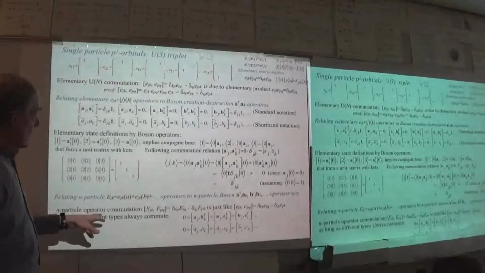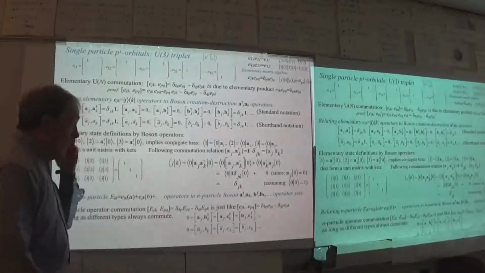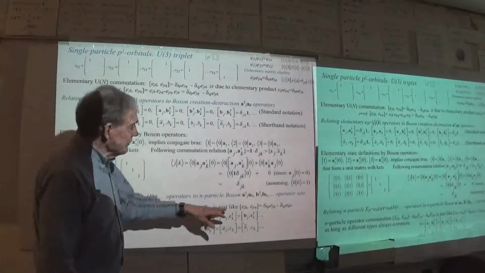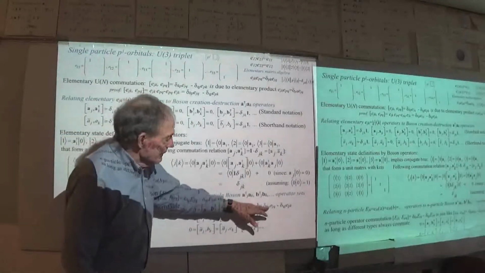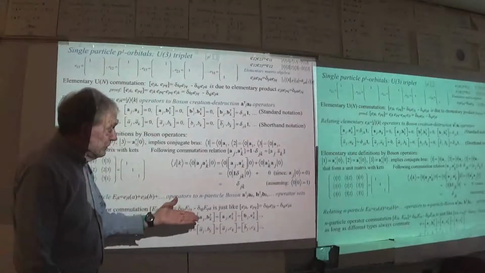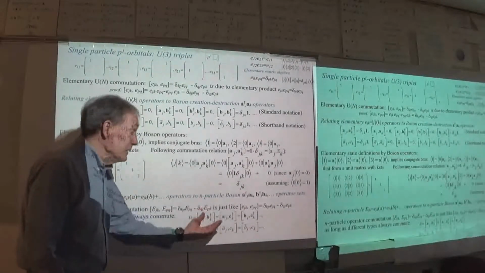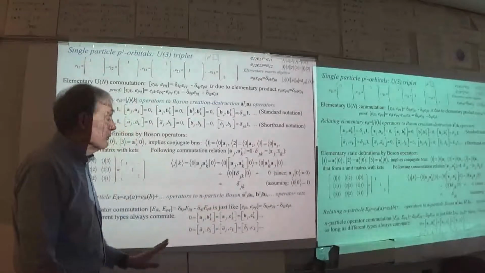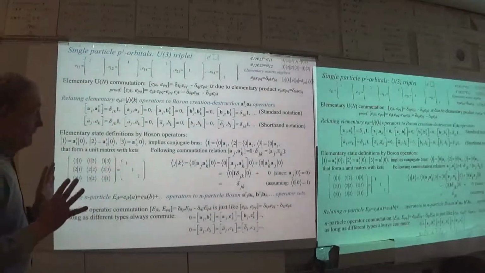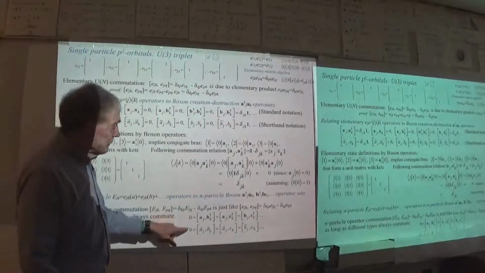This n-particle commutation relation only works, that is, it will be just like the one for a single particle if the A's and B's and the A's and C's and the B's and C's, all of the things that represent a different particle, all of those guys have to commute. So we have to get 0 for all the commutators.